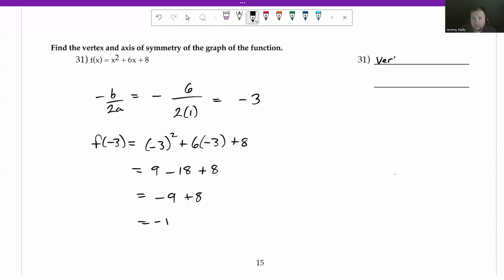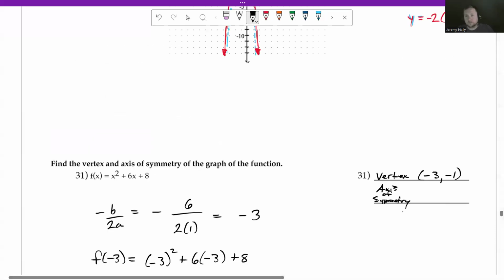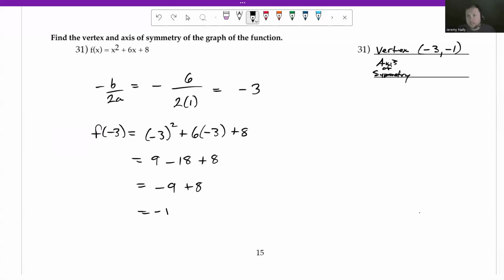So then my vertex is -3, -1. And my axis of symmetry is, it's an equation. X equals this X component of the vertex. So X equals -3.